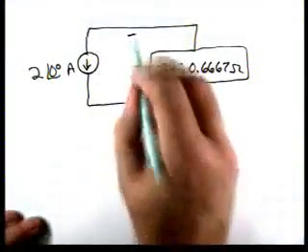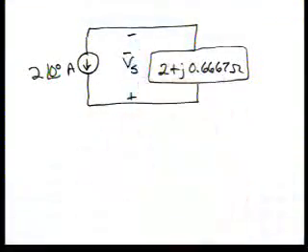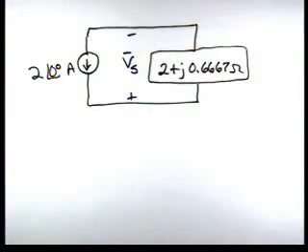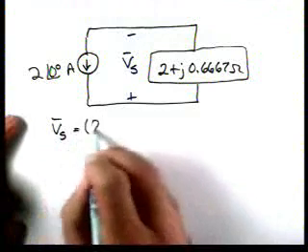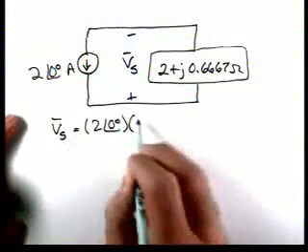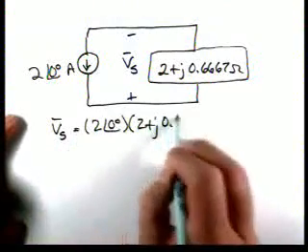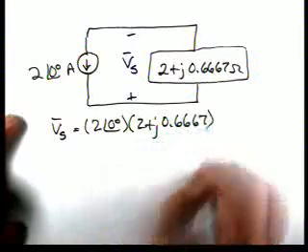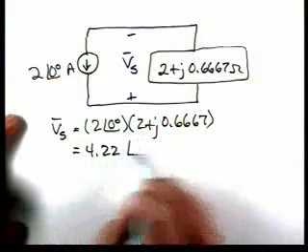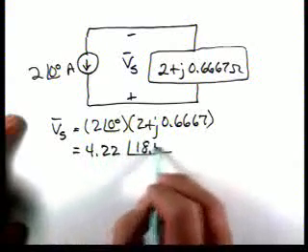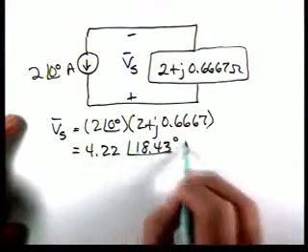This is the voltage across our current source, which we can use for calculating the power supplied by it. So Vs is 2 at an angle of 0 times 2 plus j0.6667, and that tells us that Vs is 4.22 at an angle of 18.43 degrees.